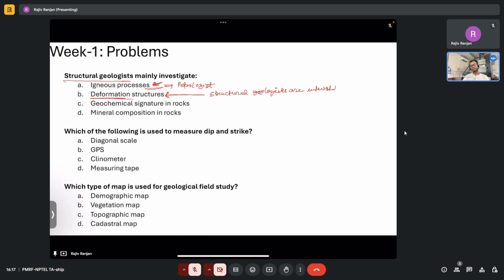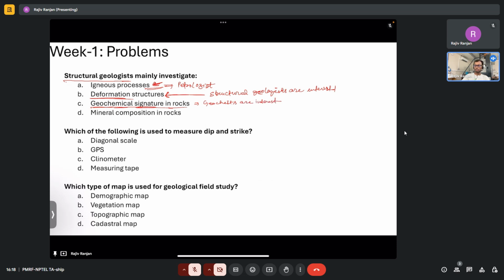As soon as structural geologists go to a field, their eyes catch any structures, if they observe any deformation in structures, right? And geochemical signatures in rocks, geochemists are mostly interested in those.